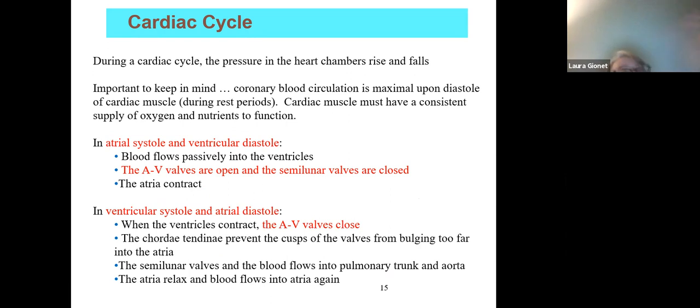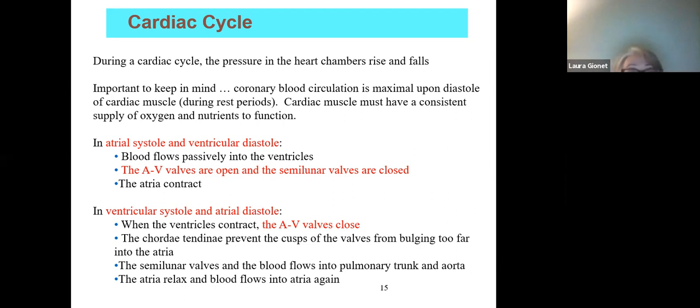As blood fills those chambers, the pressure starts to rise until finally, as the atrial or ventricular walls contract, whichever chamber you're looking at, they squeeze down on the blood, and that increases the pressure within that particular chamber. At this point, you want the blood to follow the path of least resistance from the atria down into an empty ventricle, and from the ventricles up through the pulmonary trunk and the aorta.